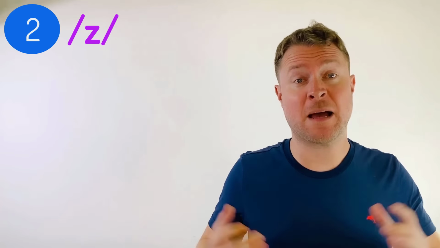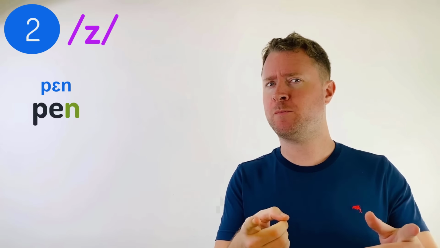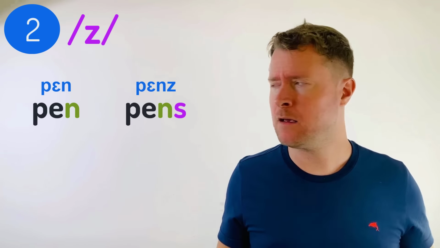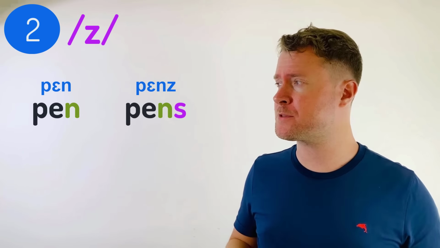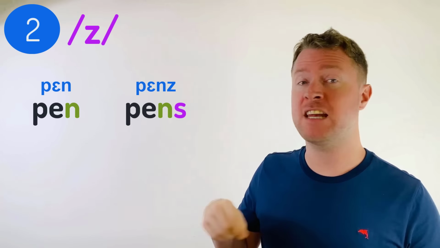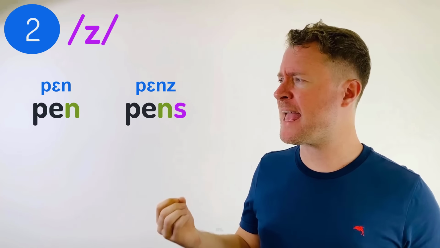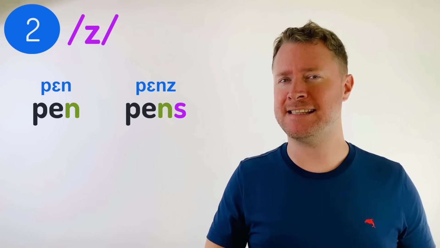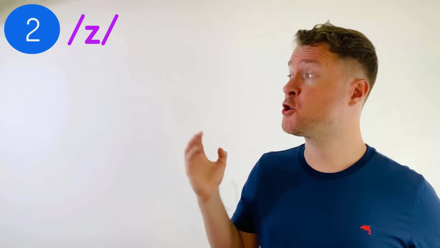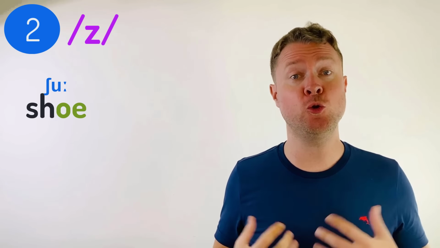Okay? Some examples are the word pen, which in the plural would be pens, because it doesn't end in any of those previous sounds like f or p. It ends in n, pen. So there we must have pens. Also, shoe. This ends in a vowel sound, oo.